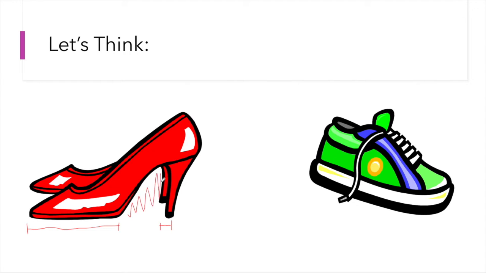This part depends on these two parts here to hold us up, versus a shoe, where there's just this whole sole touching the ground. So here the heel has a higher force per unit area, and the shoe here, or sneaker, tennis shoe, flat-toed shoe, whatever you want to call it, has a lower force.